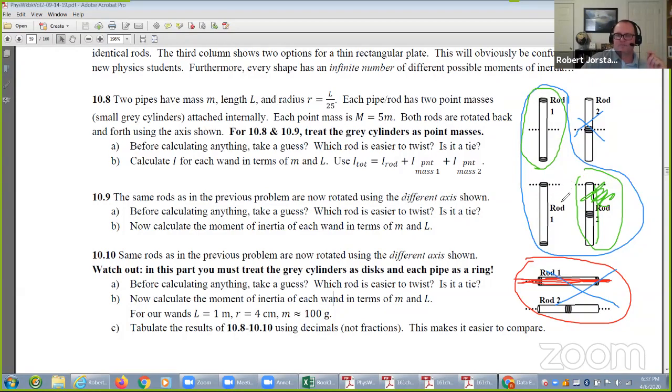And now, because in the point mass formula, you get mx squared, it turns out this one is probably pretty huge. Because it's x squared, the distance matters. So I suspect this one is the largest, rod 1 in problem 10.9. And that might not be obvious to you. And that's why I said, maybe you should actually do this. And I see there's a question. I'm going to clear this out and get the question here.